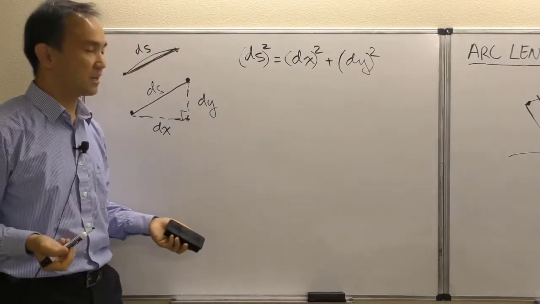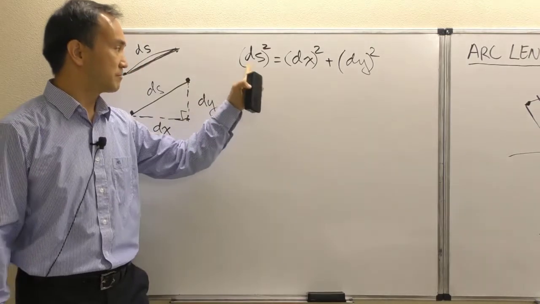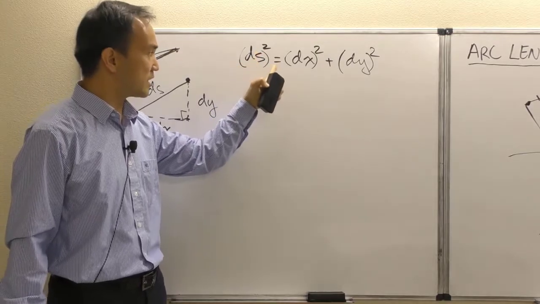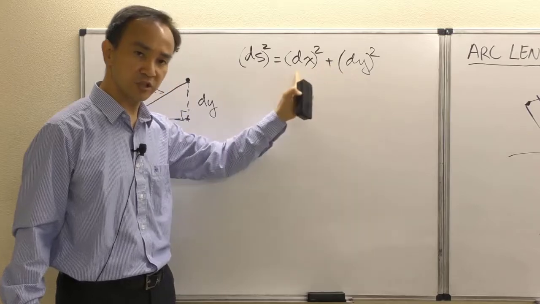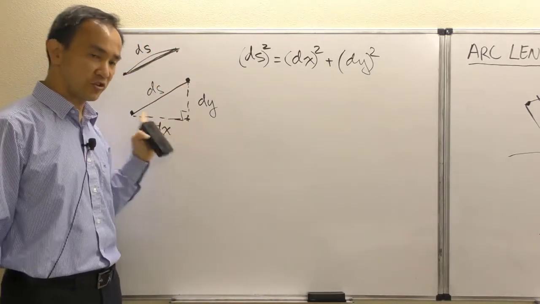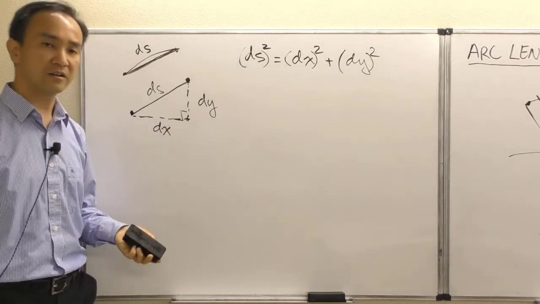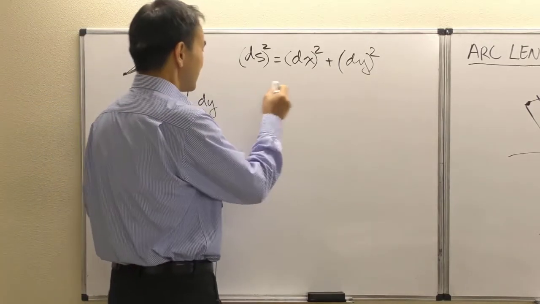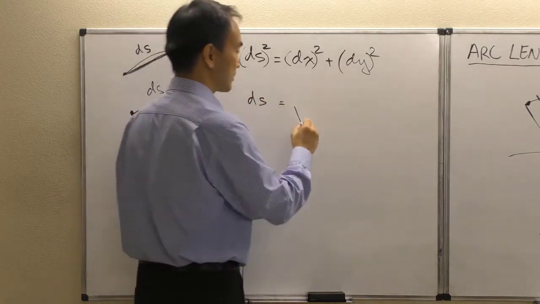That comes straight out of Euclidean geometry. So this is ds squared, the Pythagorean theorem. ds squared equals the hypotenuse squared, which equals the sum of the squares of the two legs, the two perpendicular edges of that right triangle. And so that further means ds itself can be written as a square root.